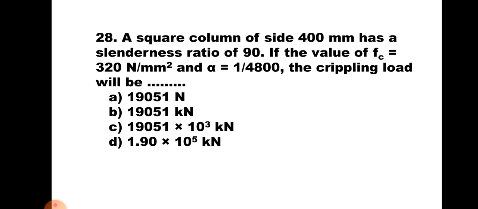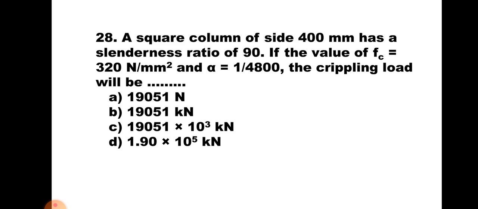Now this is also a question on Rankine's formula, in which a square column is given, whose side is given, and slenderness ratio is given directly, so Fc is given and alpha is given. What is Rankine's formula?